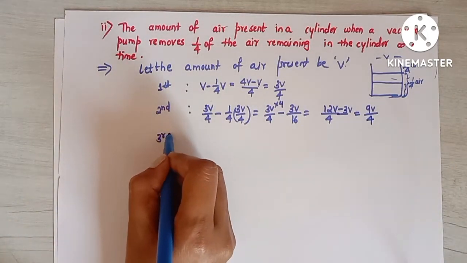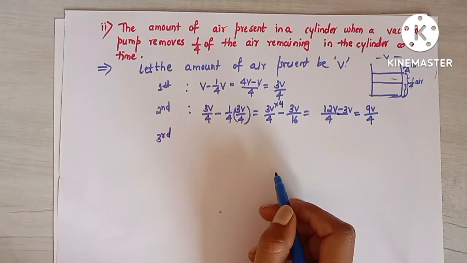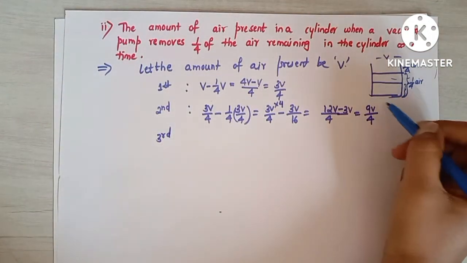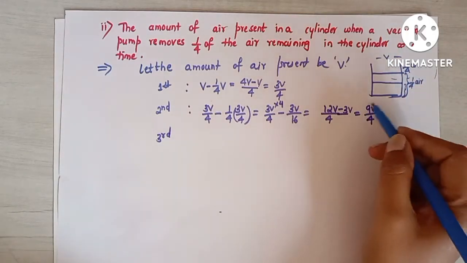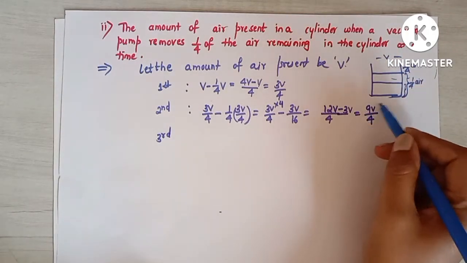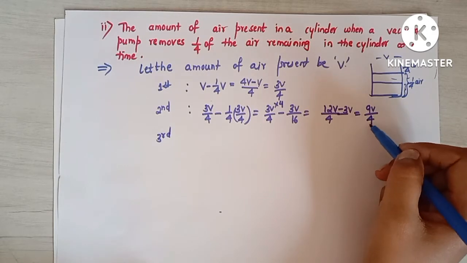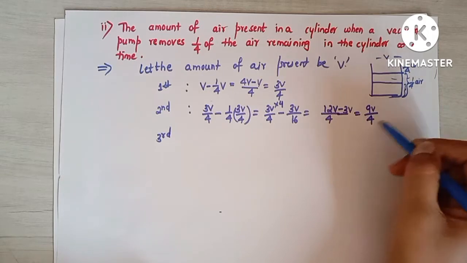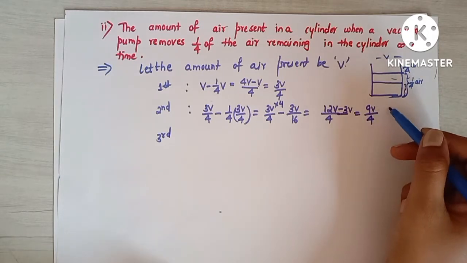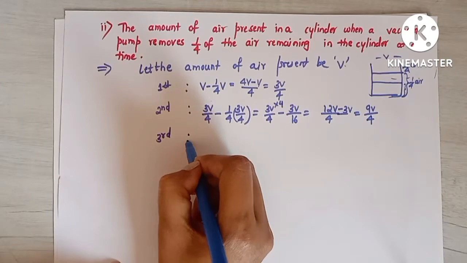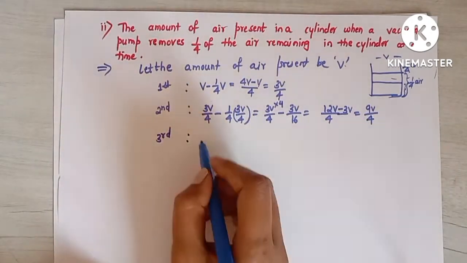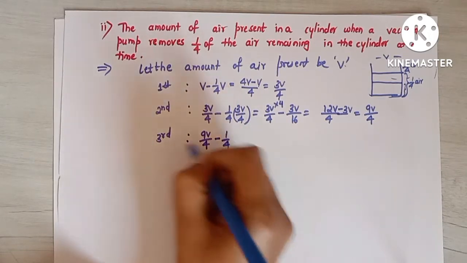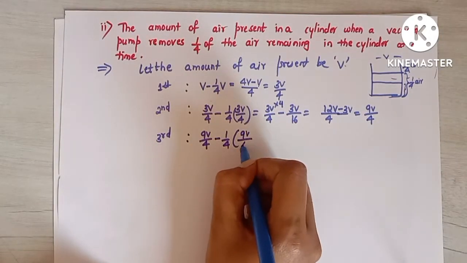So for the third pump, the vacuum removes again 1/4 of the cylinder. So the remaining air in the cylinder will be 9V divided by 4. So out of this 9V divided by 4, we have to remove 1/4 of this 9V by 4 air. So for the third pump, the air will be 9V divided by 4 minus 1/4 of this only, that is 9V divided by 4.